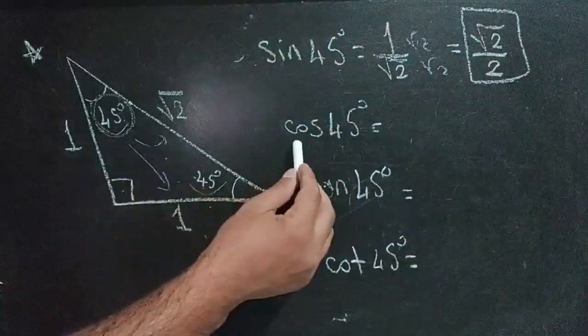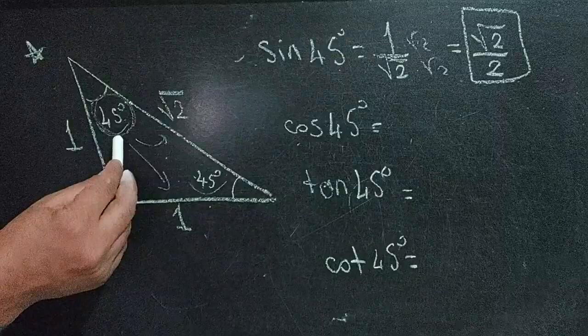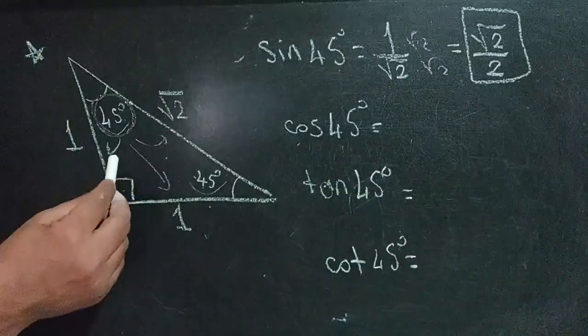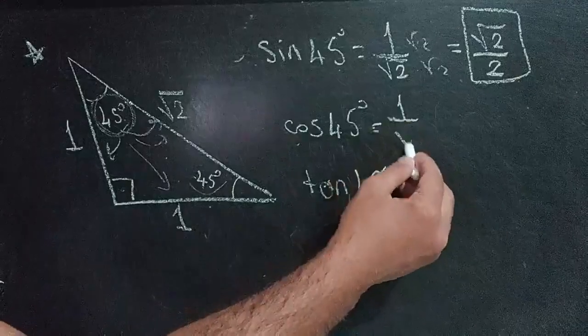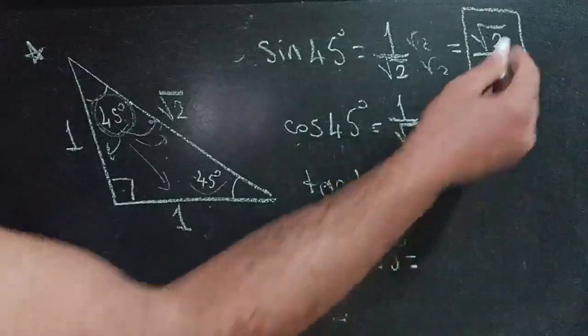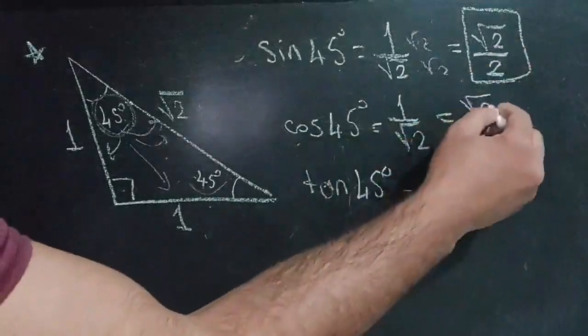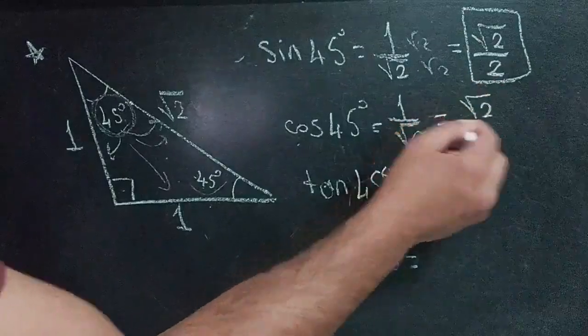And cosine 45 is going to be adjacent over hypotenuse, which is going to be 1 over square root 2, and that will give me square root 2 over 2.